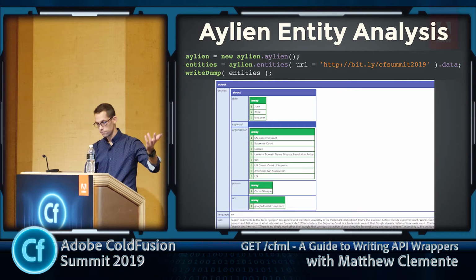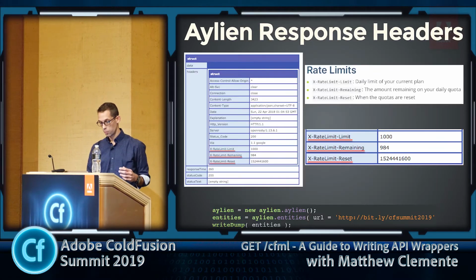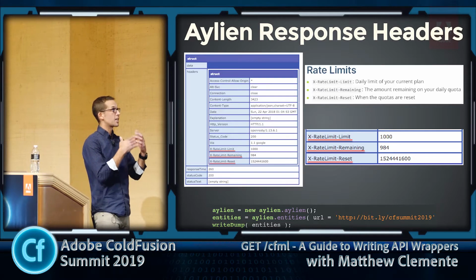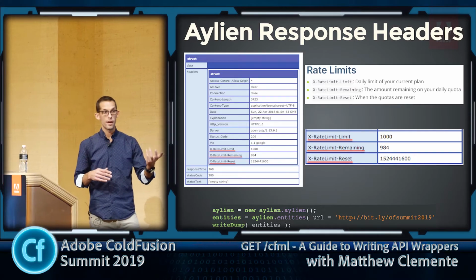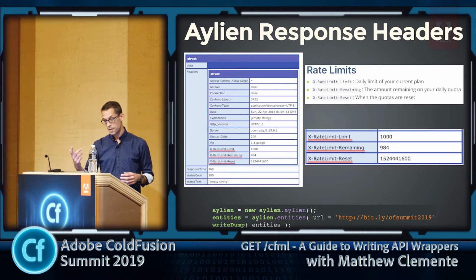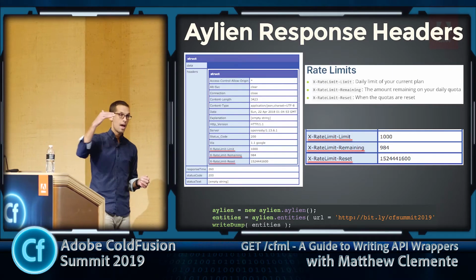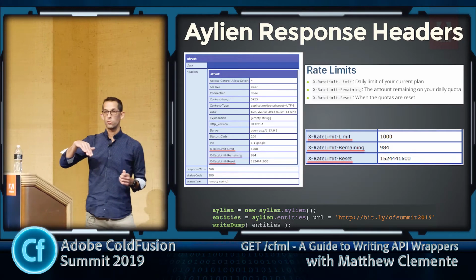So, yes, we made that call, we got our result, the authentication worked. Now, Aylien is one of those APIs that actually does give you important information in their response. In their headers, they send back their rate limiting, so they send back where you're at, how many requests you have remaining, and when it's going to reset.